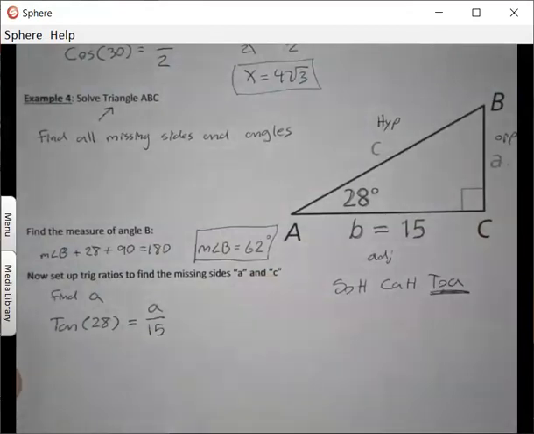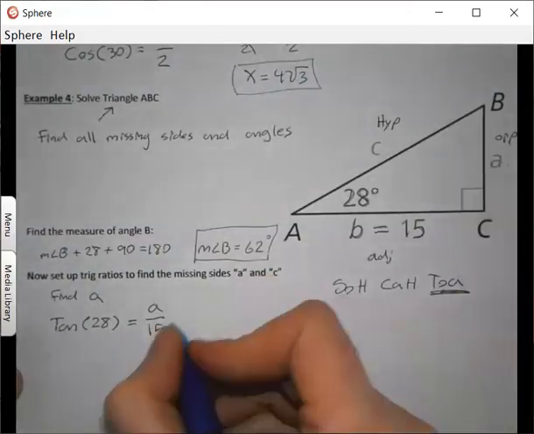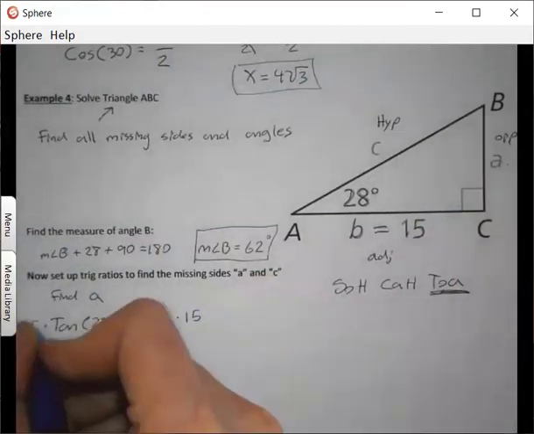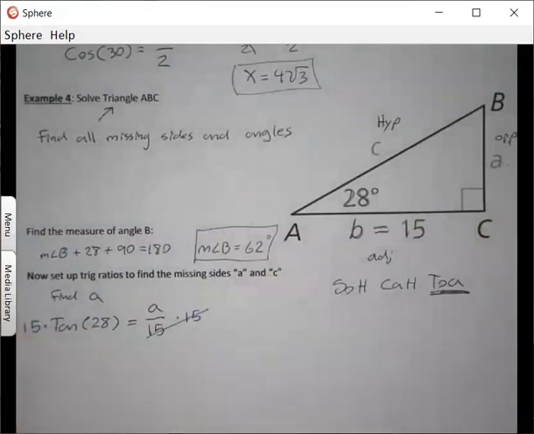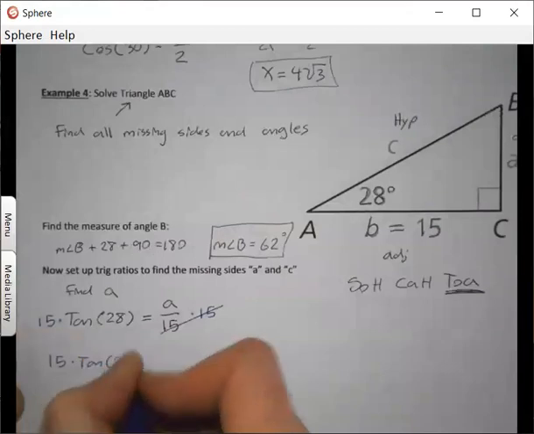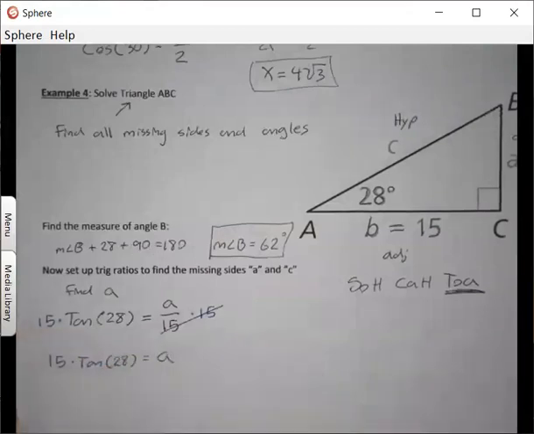Solve for A. Multiply both sides by 15. So A is equal to 15 times the tangent of 28. Now, if you're asked for an exact answer, that's it right there.